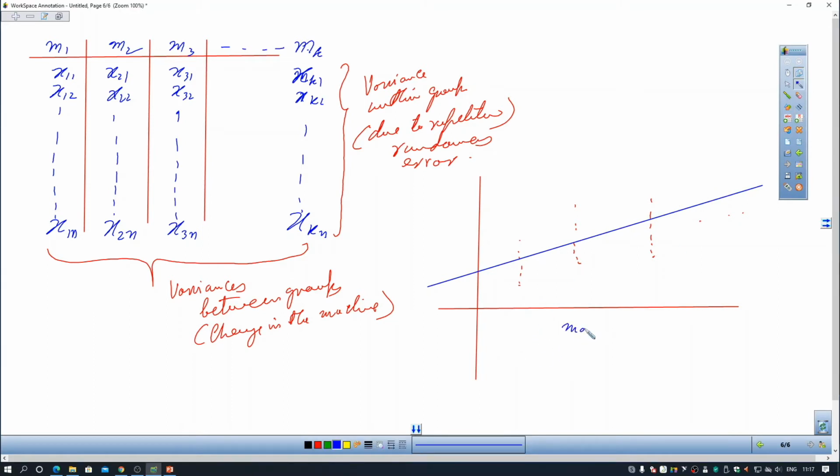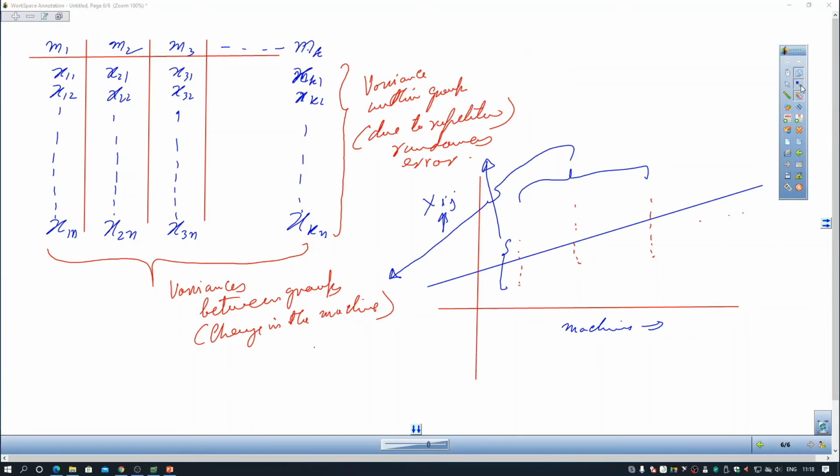This is machine and this is observation Xij. So for this variation is within the group, but this variation is because of the between the group. So now we want to see this variance which is due to the machine change is how different than the variance due to the error.